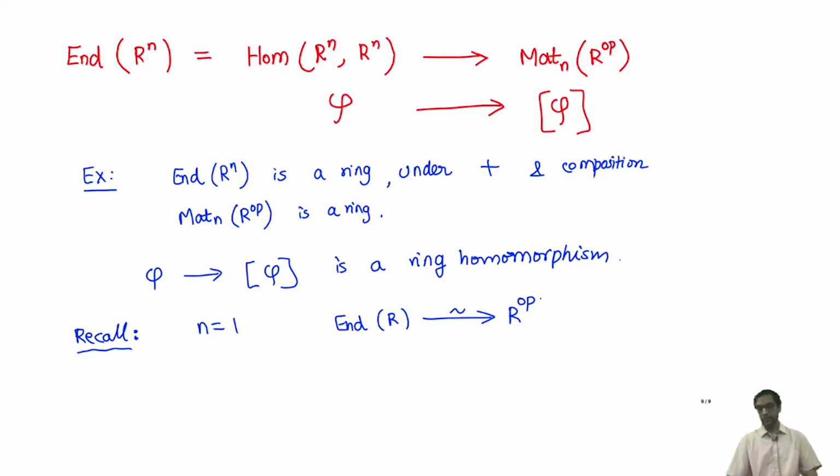Okay, and what was the map? Each homomorphism looks like a right multiplication.